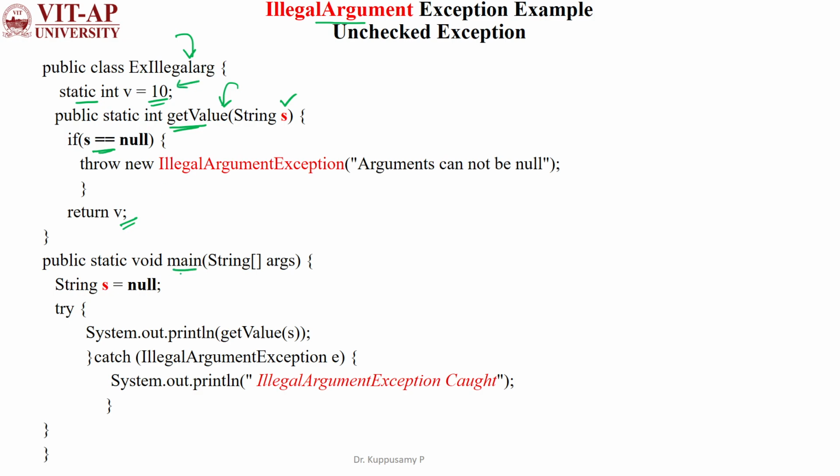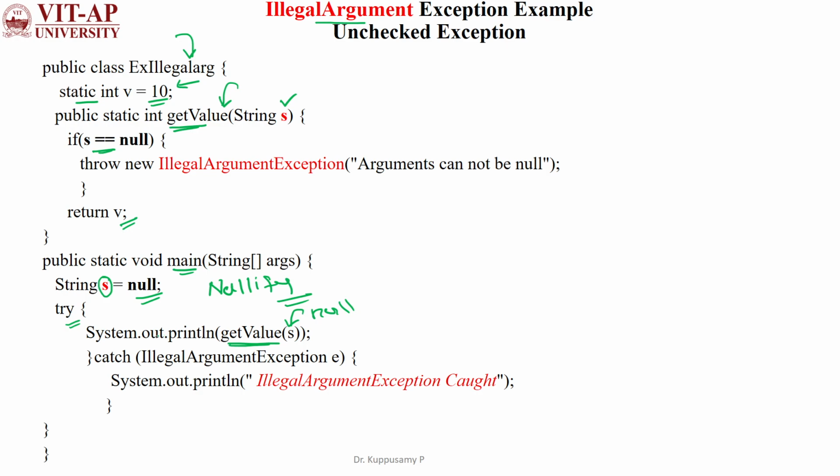The main method is defined, and the null value is assigned to the string object s. That means we are nullifying this object, so it does not have any value or reference, correct? Here the try block is used, calling the method getValue and passing s as null.